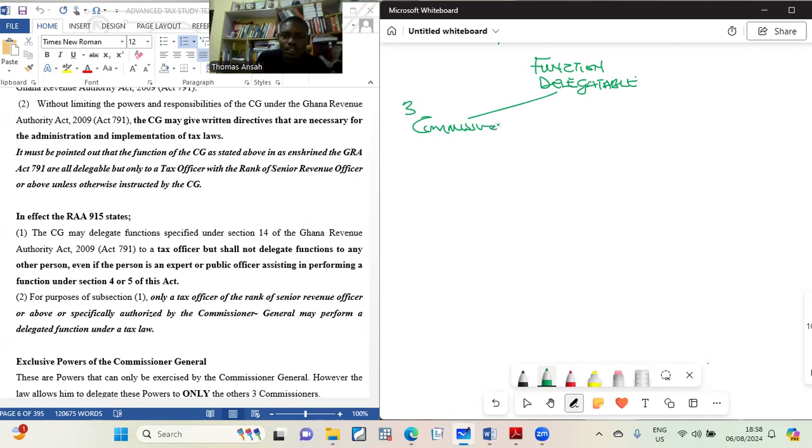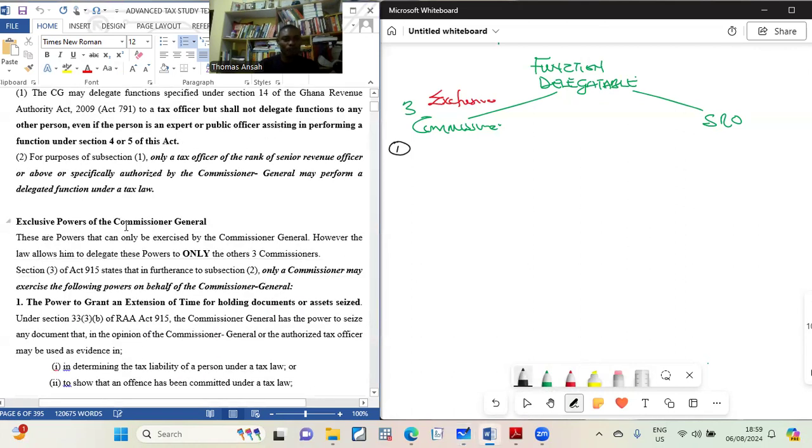We call these exclusives, and we are going to look at that. Then we have those that he can delegate to the senior revenue officers, like those in the various tax buildings that you see in Ghana. Now, let's look at these. It's very interesting. We call them the exclusive powers.